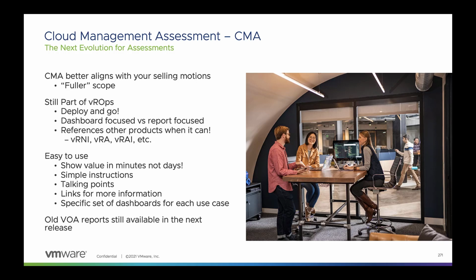This does also reference other products when it can, such as vRealize Network Insight, automation, and vRealize AI. When we have opportunities to present those, we'll switch over and look at the integrations that might come into vRealize Operations and how that could help the customer with broader data, more data, to help make business critical decisions.